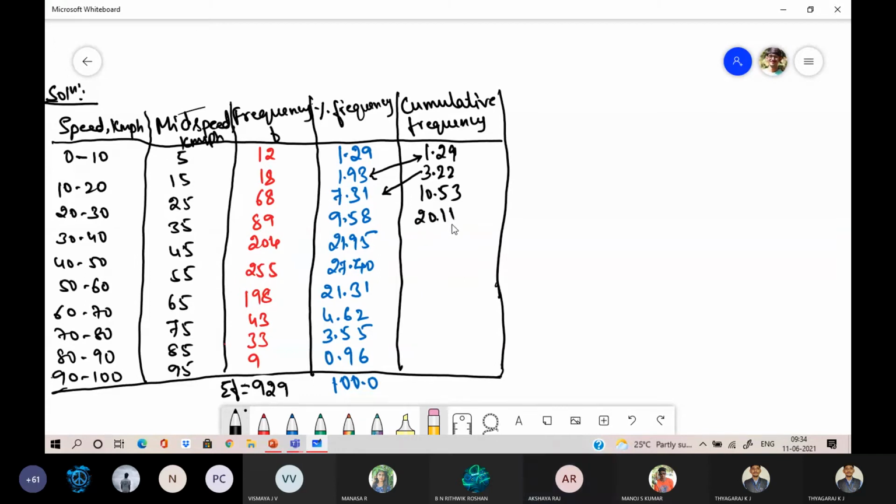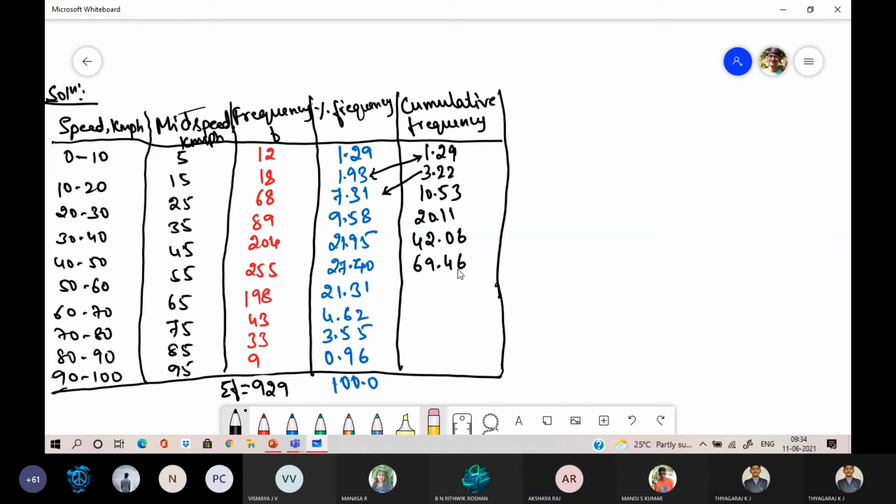20.11. 20.11 plus 21.95, you will get 40.06. Then add 27.40: 69.46.